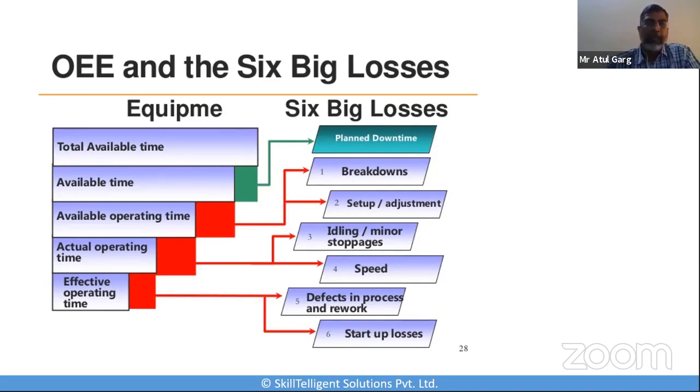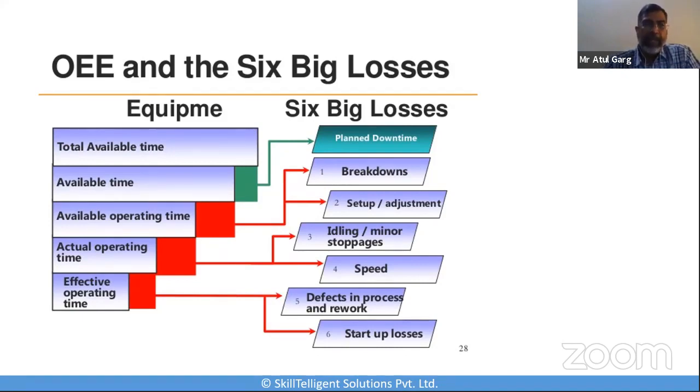This leaves us with the available operating time, which can be further reduced by breakdowns or setup and adjustments. After those, the time left is the operating time, which again could be constrained by idling and minor stoppages or even reduced speed.